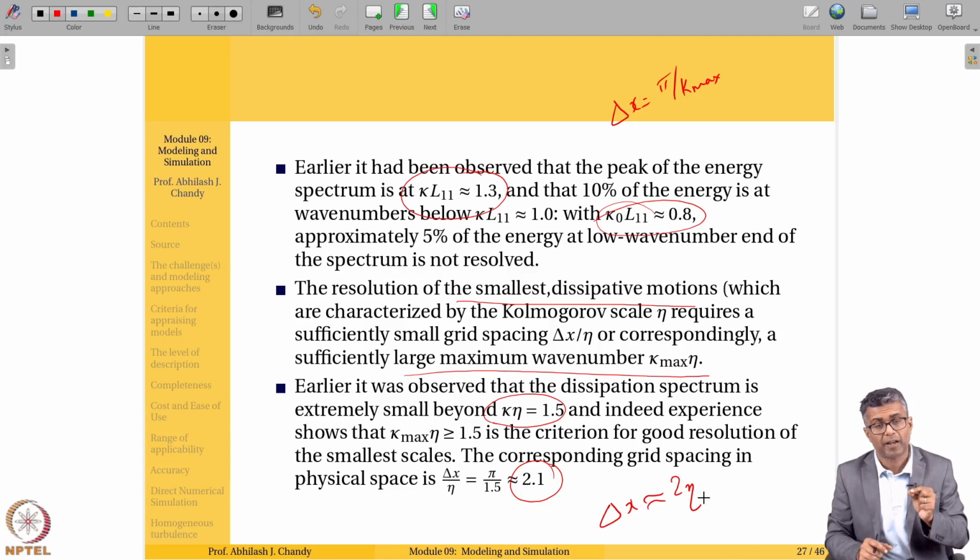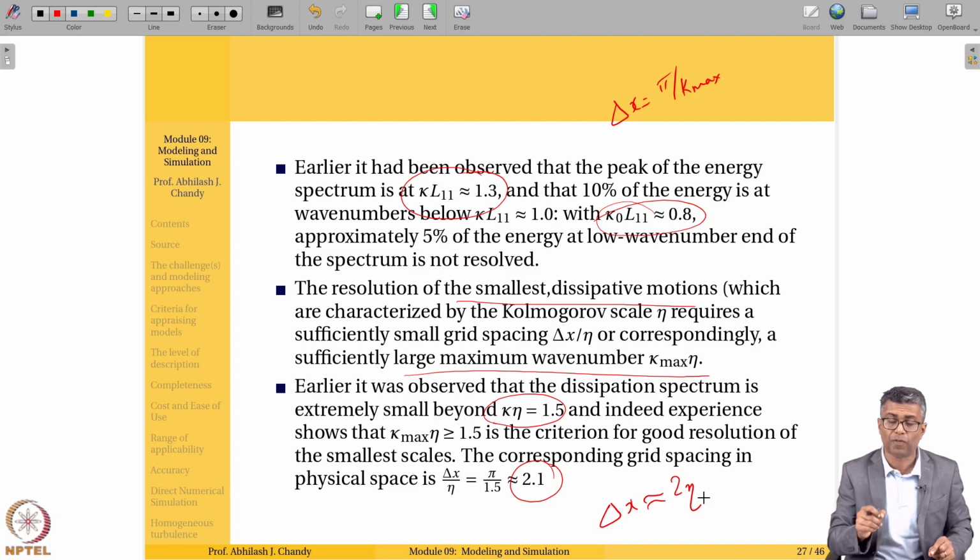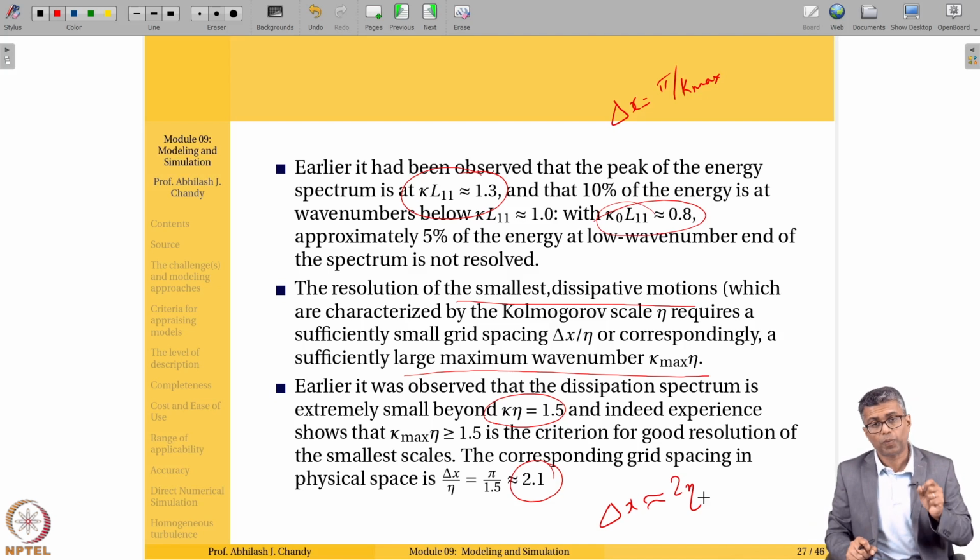The smallest scale we think is the Kolmogorov scale, but it is in and around the Kolmogorov scale. So what we are saying is that your grid spacing should be small enough that the minimum value should be 2 times eta.